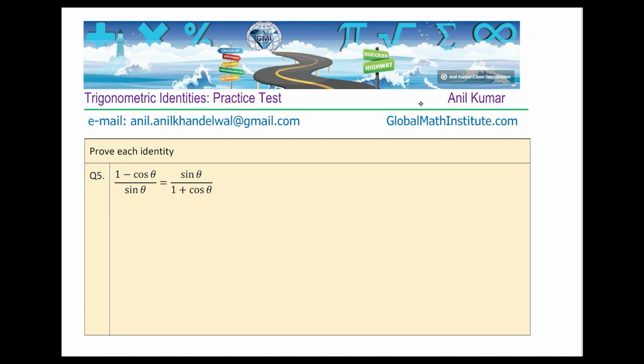So if I take the left hand side, which is 1 minus cos theta over sin theta, I could multiply and divide by 1 plus cos theta. So we get what?